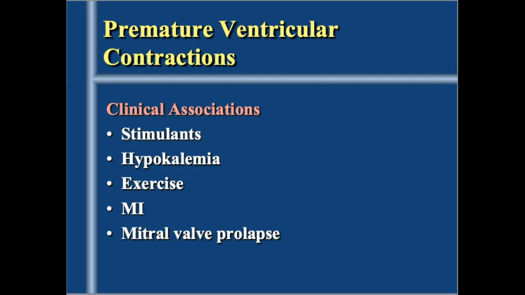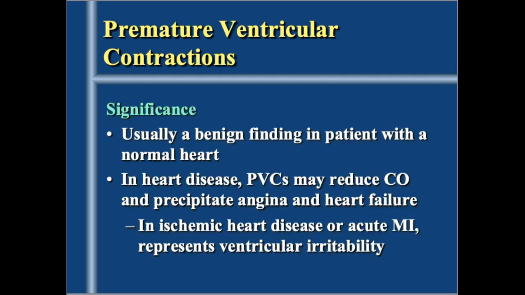So probably the most common thing we see with PVCs is when people have hypokalemia. We see that in the hospital quite a bit. If someone starts throwing PVCs, the first thing I'll usually do is ask for a potassium level. Also, it can be with stimulants, MI, mitral valve prolapse. Usually a PVC is a benign finding in you and me with a normal heart.